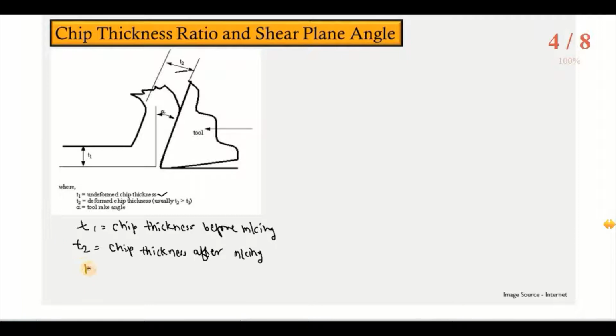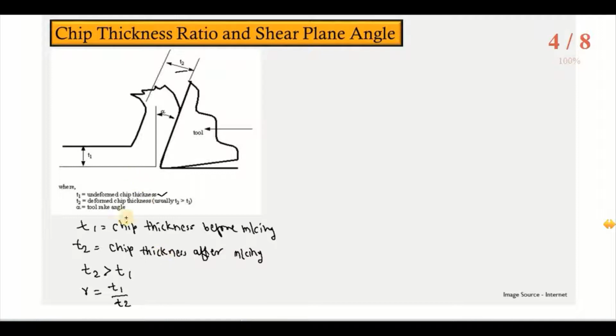Here T2 is always greater than T1, and the chip thickness ratio can be given as R = T1 divided by T2, where T1 is the chip thickness before machining and T2 is the chip thickness after machining.